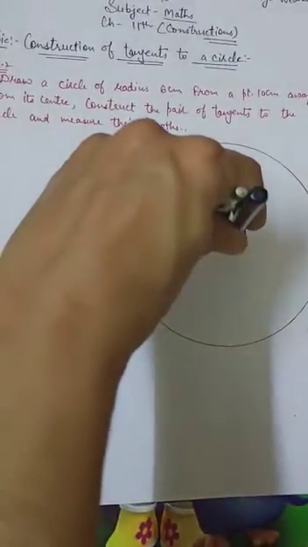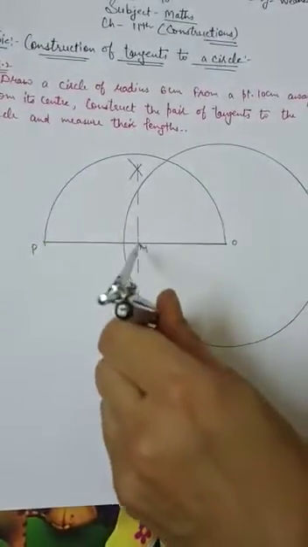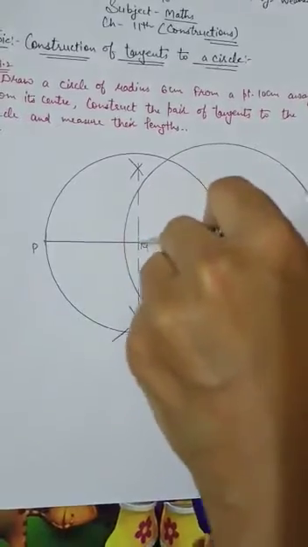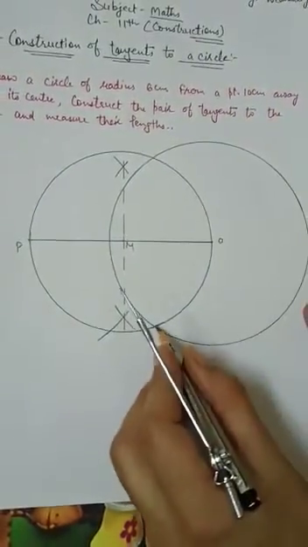Then we will draw another circle which intersects the previous circle at two distinct points. We will name those two points, and through them we will construct the tangents.